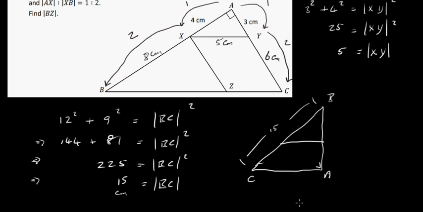I've got BX is here, and this is Y, by the way, so BX is 8 centimeters, AX is 4 centimeters, and let's see, what else do I have? AC, so all this distance along here is 9 centimeters.